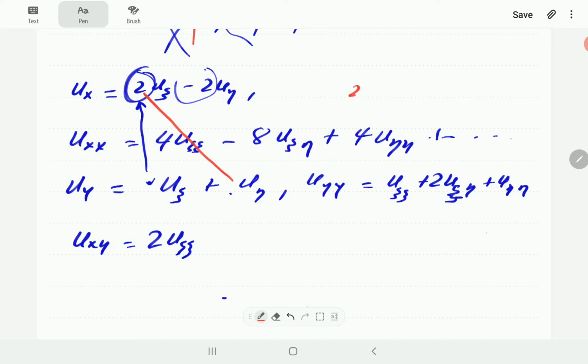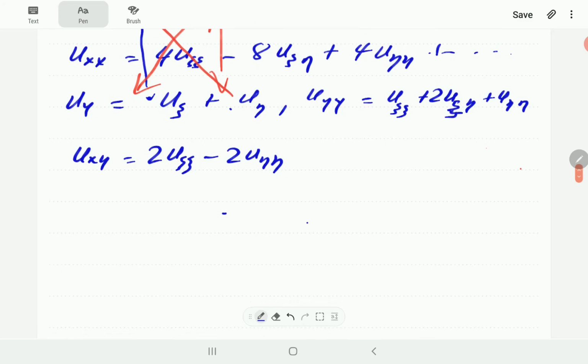So we've got 2 times 1 plus negative 2 times 1. They add up to 0, so the mixed derivative term is going to be 0. Then the last term, we simply multiply those two, so that is going to be minus 2 u_eta.